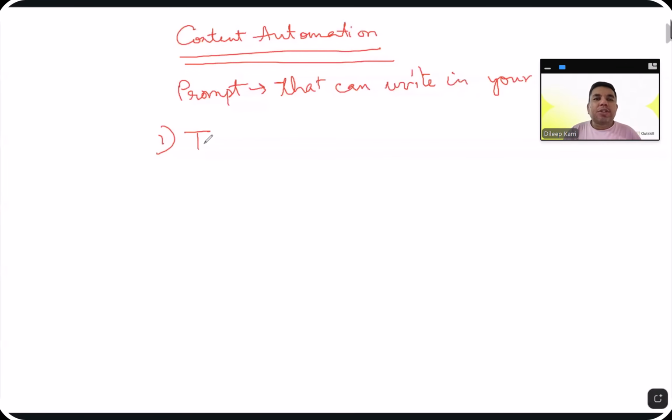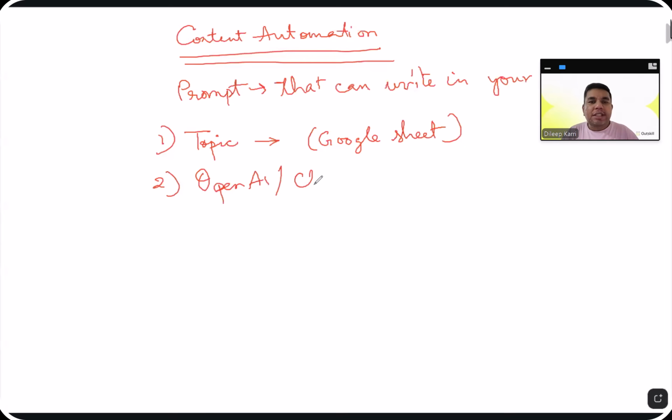Step one, I choose the topic I want to write on, and I maintain all my topics in a Google Sheet so that it is easy for me to track. Then, one by one, I will copy each topic and put it into OpenAI/ChatGPT, along with the prompt that can write in my own voice, and I get the post draft.